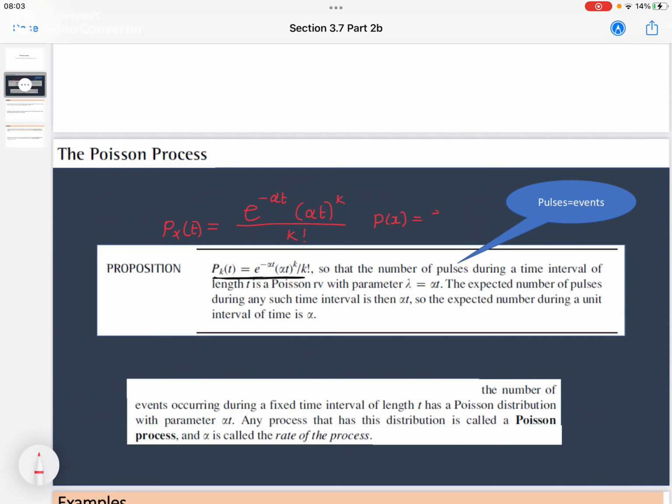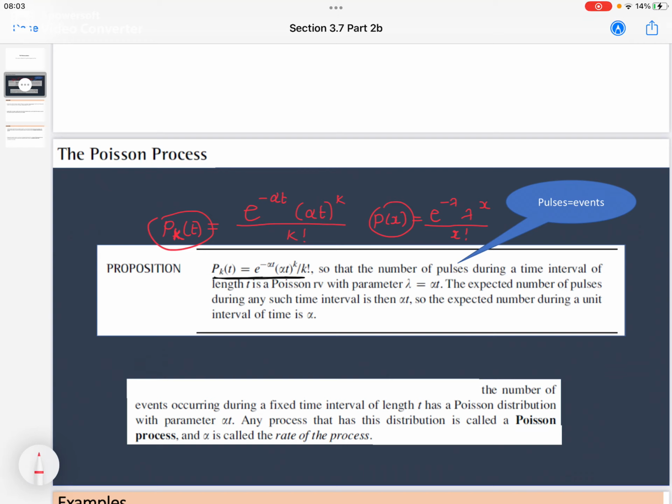Okay, which is similar to our PMF of the Poisson, which is e to the power minus lambda times lambda to the power x divided by x factorial. So that's p of k, here it's p of x.